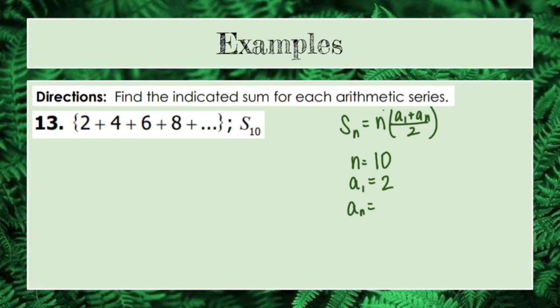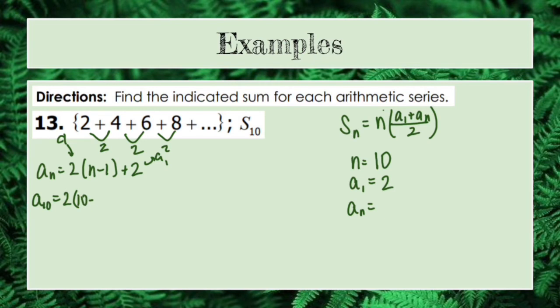So if we know that A1 is 2 and it looks like D is equal to 2 as well, then our formula is going to be A sub n equals 2 times n minus 1 plus 2. This is D, and this is A1. And then if we just substitute 10 for n, we're going to get that A10 is equal to 2 times 10 minus 1 plus 2. So 18 plus 2, which is 20.